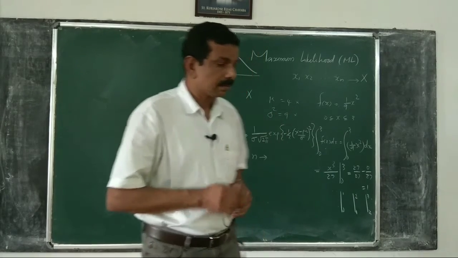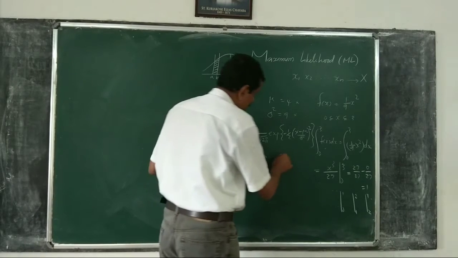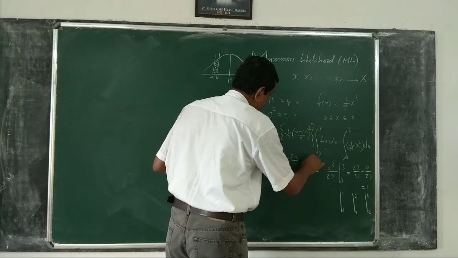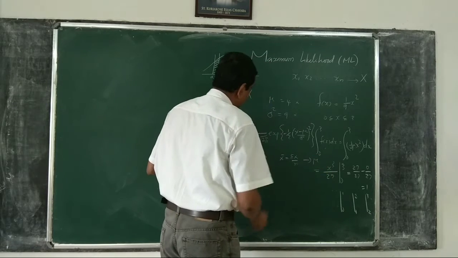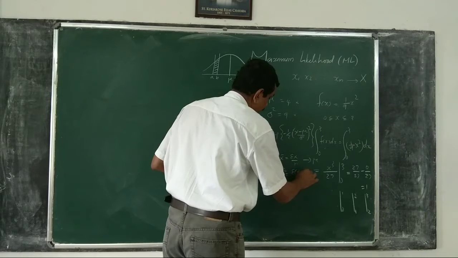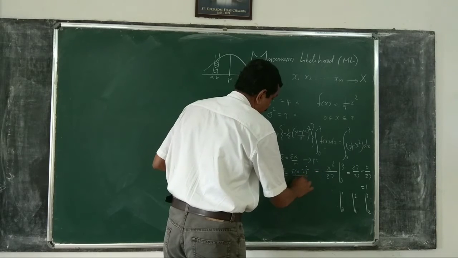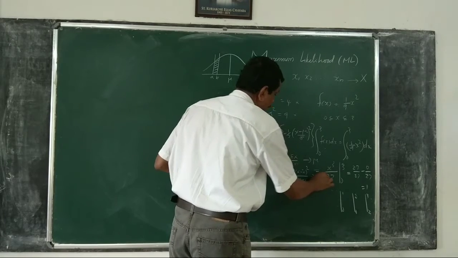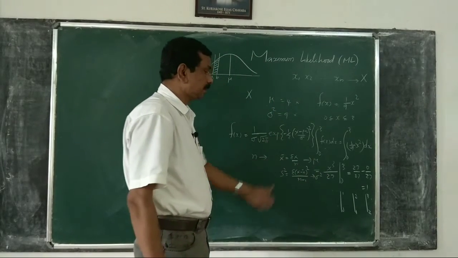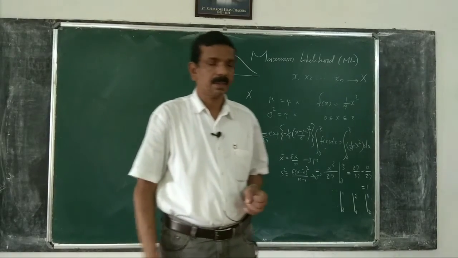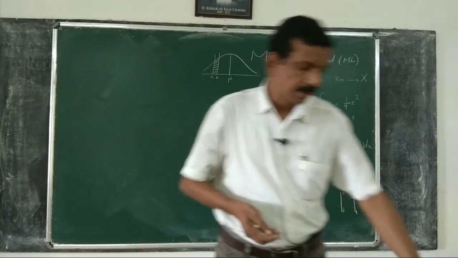One method is to calculate x bar equal to sigma x by n as an estimator of mu, and s square equal to sigma x minus x bar square by n minus 1 as an estimator of sigma square. This method is known as the method of moments, and this method is familiar to us.